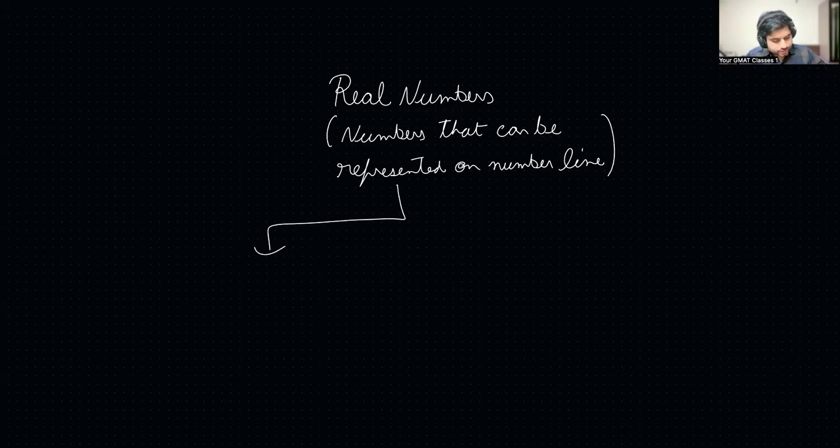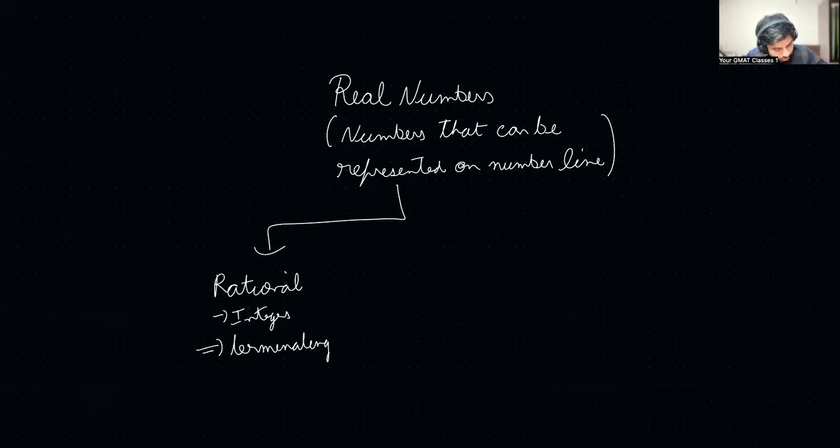So rational numbers has integers, terminating decimals, and non-terminating and repeating decimals.